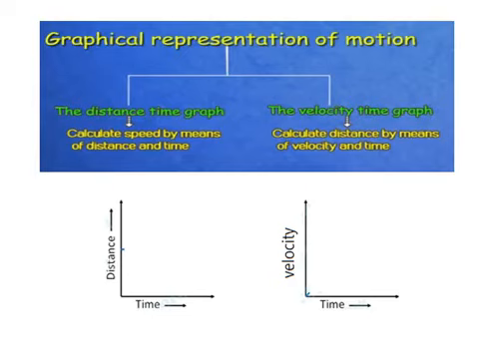In the distance time graph, distance is taken on the y-axis and time is taken on the x-axis. And similarly, in the velocity time graph, velocity is taken on the y-axis and time is taken on the x-axis. Here are the blank graphs being shown. You can see a similarity in the x-axis: time will always be represented on the x-axis.